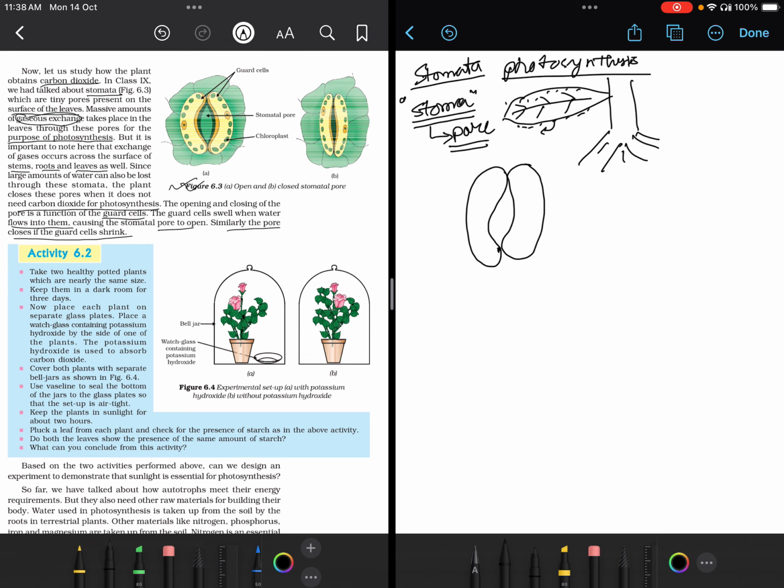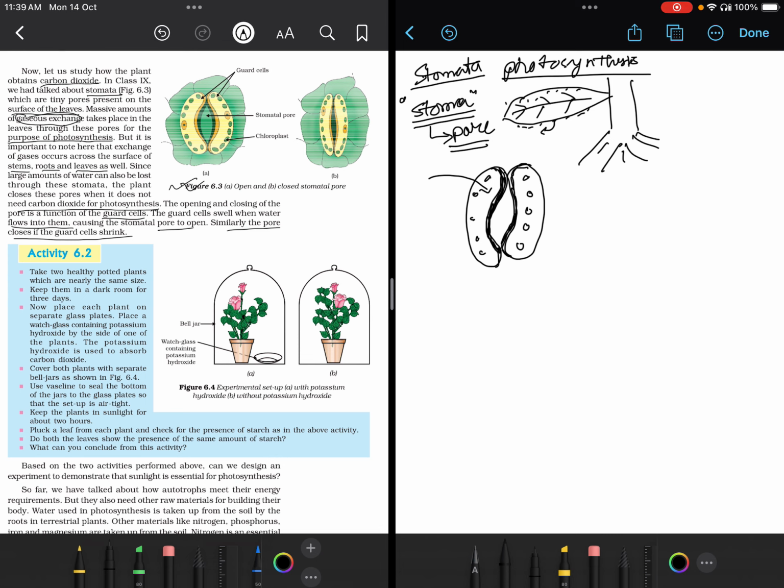Now, the inner surface of this cell is thicker. Okay, the inner surface of the cell is thicker. And whenever these cells get water in them, the cell will swell up, right?